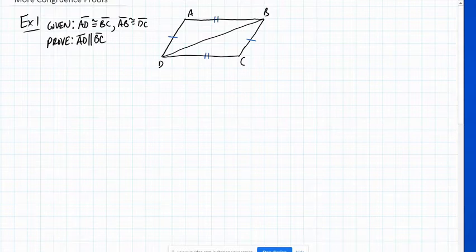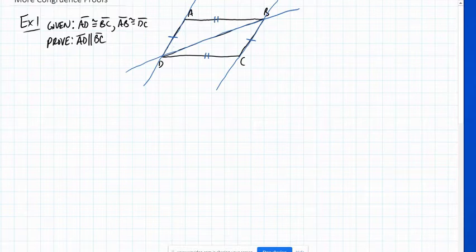And now we're trying to prove that line AD, which is this line, is parallel to this line. And so it looks like we would probably want to use this as a transversal. And so thinking ahead, how could we show that those lines are parallel?